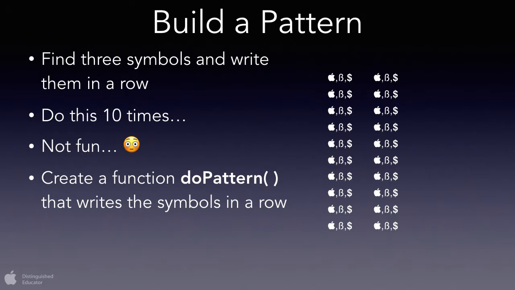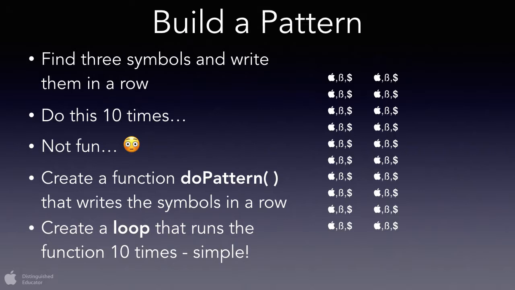So you write doPattern 10 times instead of writing 30 symbols. So that's an improvement. This is great, but even better would be if we had a loop that runs the function 10 times. And that would be simple because then we have it like this. It just works. You get all of it at once.